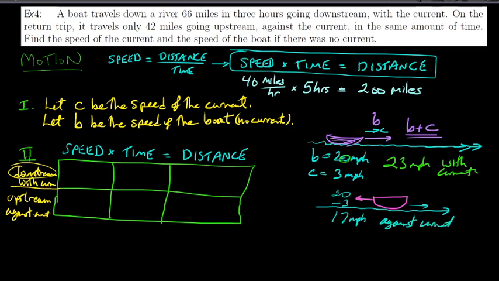When you're going against the current, you take the speed of the boat minus the speed of the current. Make sure you know the difference. With the current, going downstream, you add the speeds. When you're going upstream against the current, you subtract.